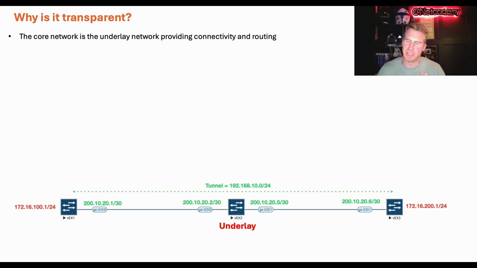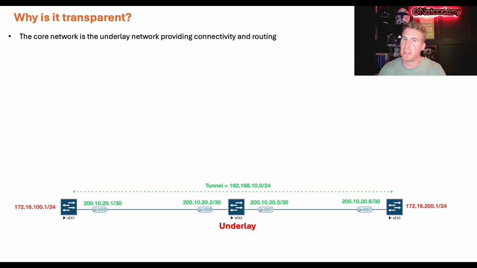That is because, and I've said it just a few minutes ago, there is this concept of underlay and overlay when it comes to VPNs and when it comes to GREs and eVPN routing and quite a lot more. And from VEX2's perspective, it's providing the underlay, it's providing the connectivity between VEX1 and VEX3, from site 1 and site 3, from a branch site to a HQ. It's providing the WAN connectivity, it's providing the internet connectivity, it's providing the underlay connectivity.